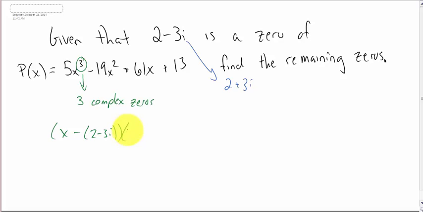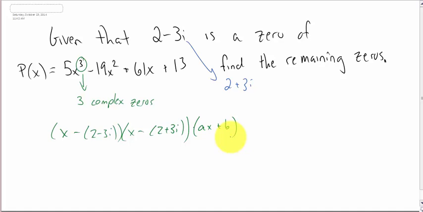And then x minus 2 plus 3i has to be a factor also. And then finally, some other factor, we'll call it ax plus b. It's going to be some other linear factor giving us our third 0. So what do we do here?